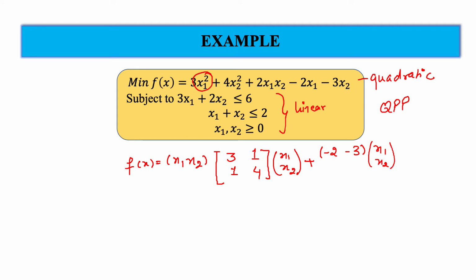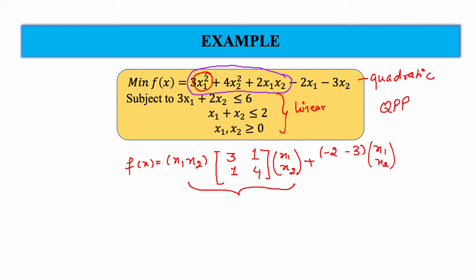When you multiply these three matrices you will get the first three terms of this equation, and then the linear part.